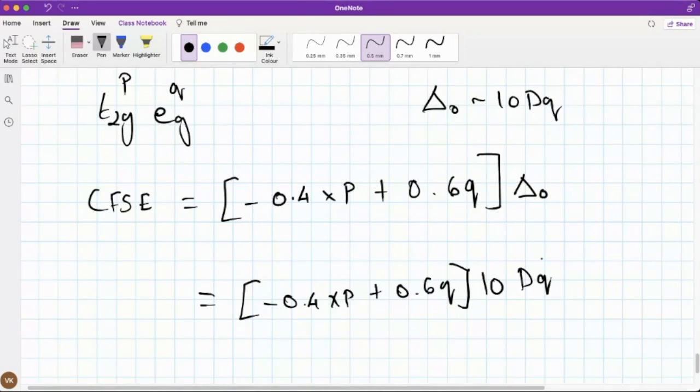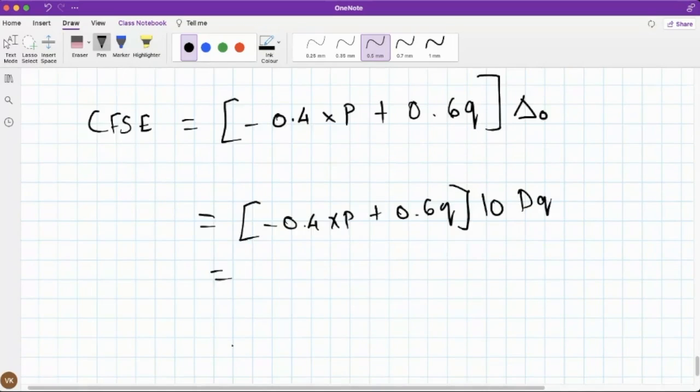Similarly, if I bring the 10 inside, it is minus 4 P plus 6 Q Dq. So remember how it is in terms of delta naught and in terms of Dq.